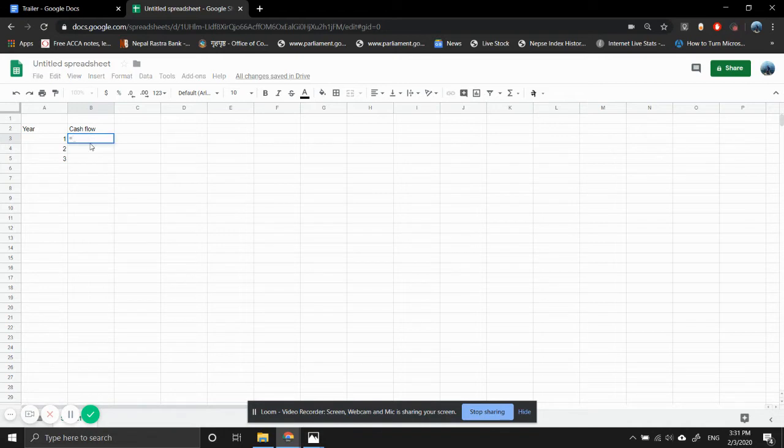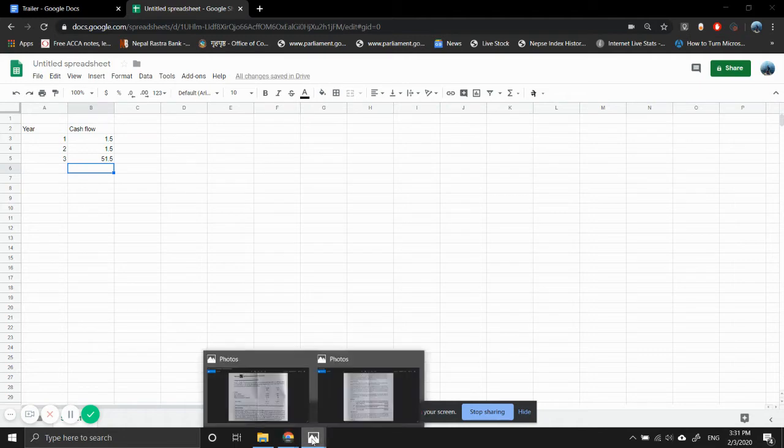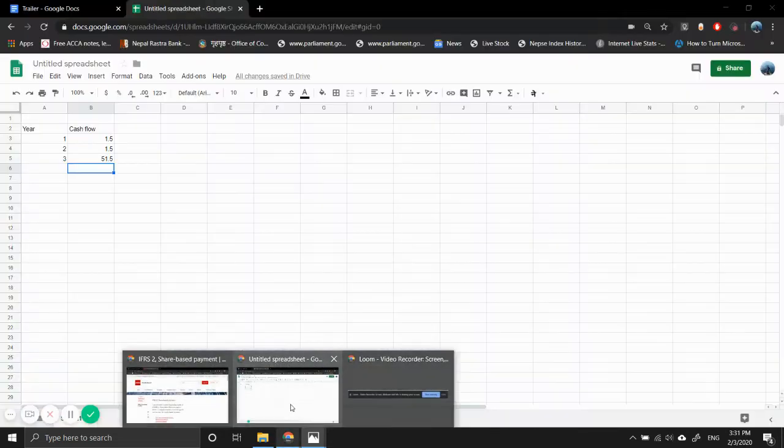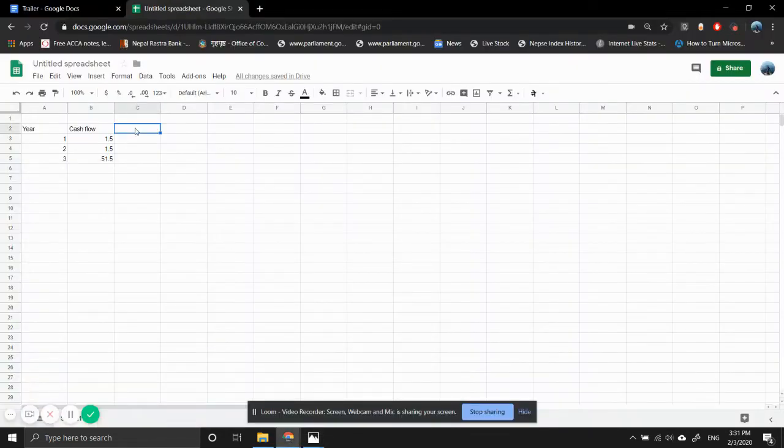Copy and paste, and then copy and paste, but plus 50 as well in the last year. Isn't that correct? In 3 years' time, right? Okay, that's good.